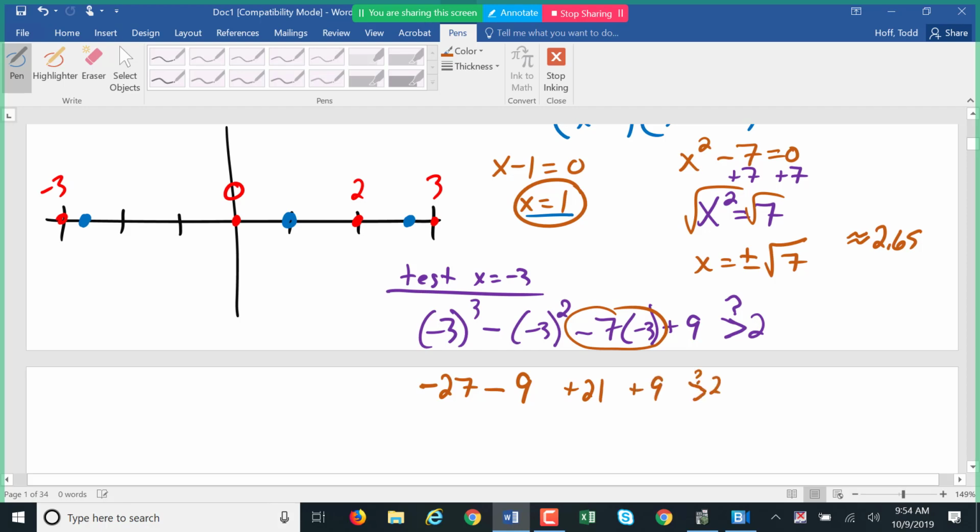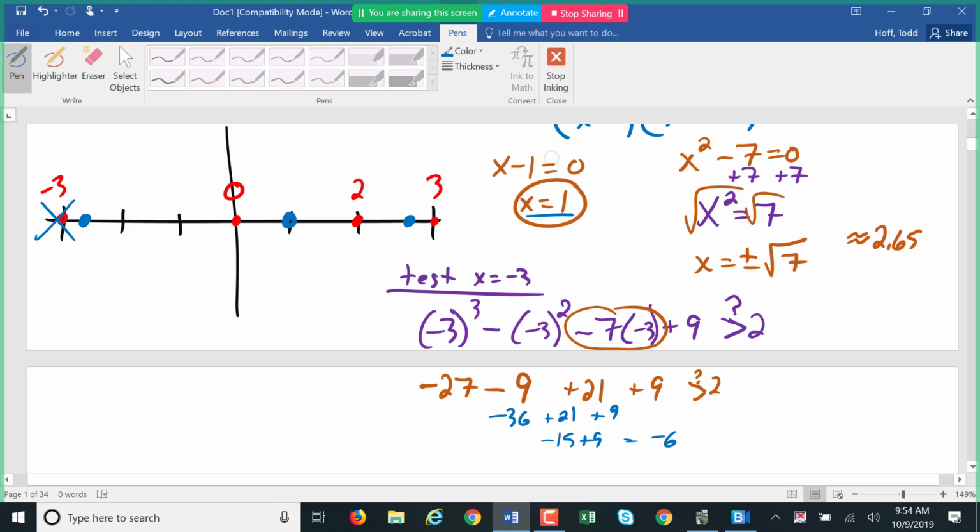Is that greater than 2? Well, negative 27 minus 9 is negative 36, plus 21 is a negative 15, plus 9, that's still a negative 6. That is definitely not greater than 2. So we do not have solutions to the left of that negative square root of 7.